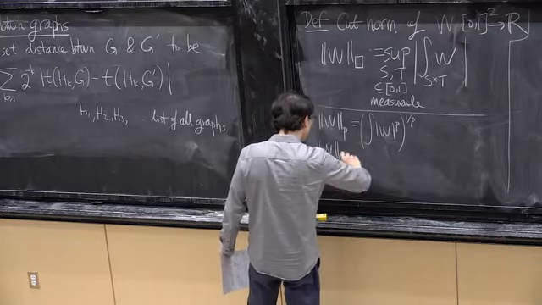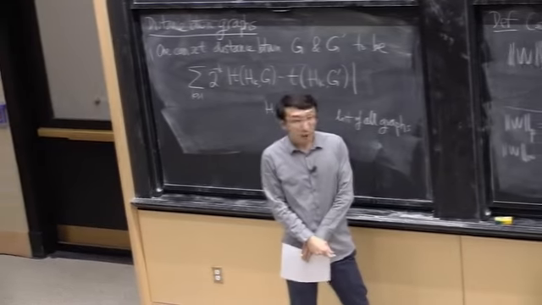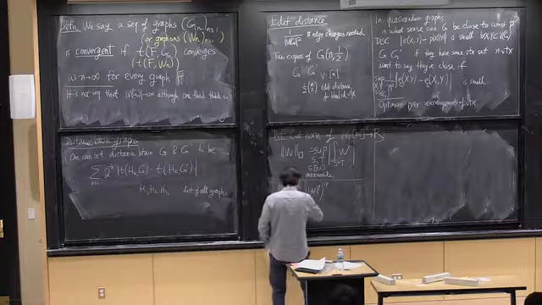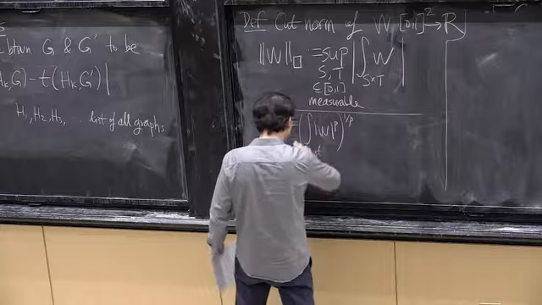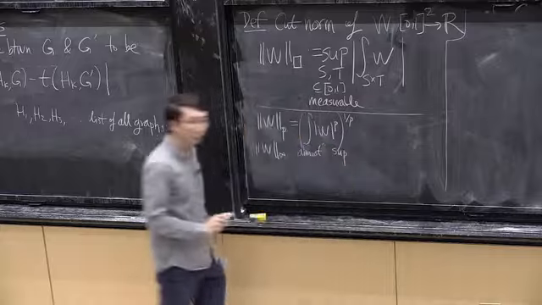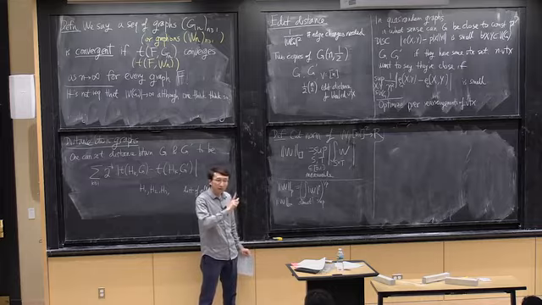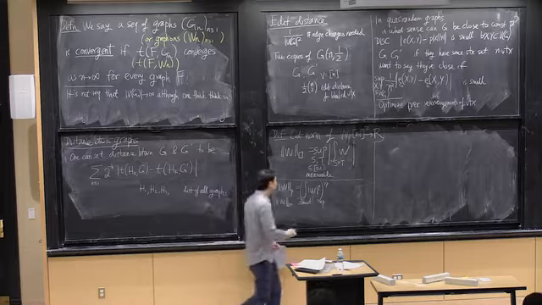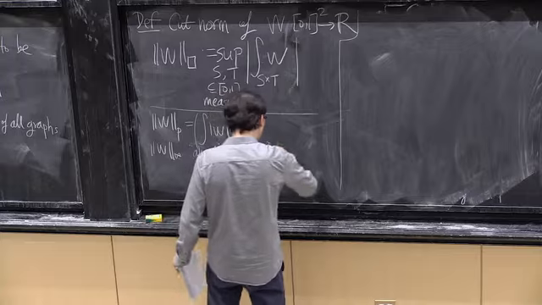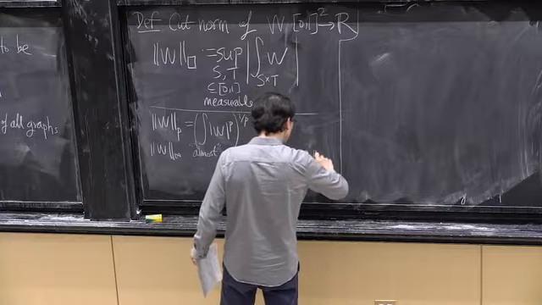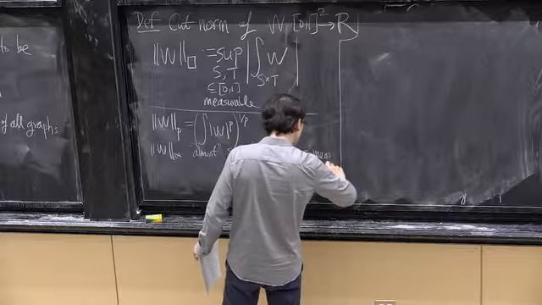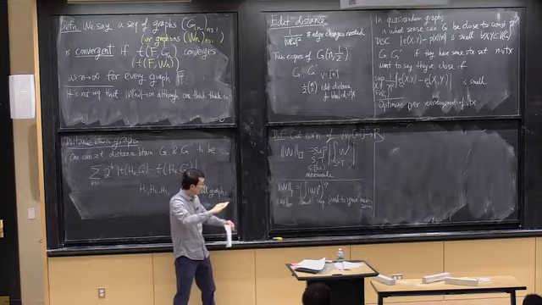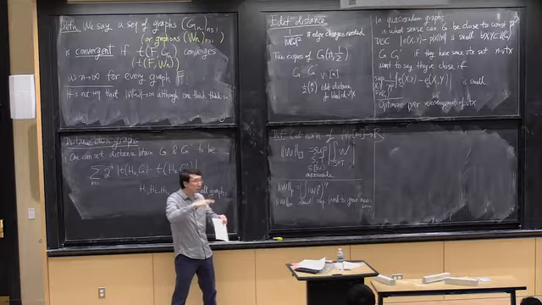And the infinity norm, the L infinity norm, is almost but not quite the same as the supremum, because I need to ignore subsets of measure 0. I can write down a formal definition in a second, but if I change W on a subset of measure 0, I shouldn't change any of these norms.